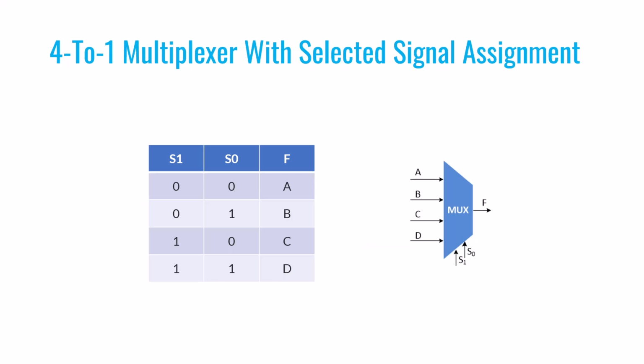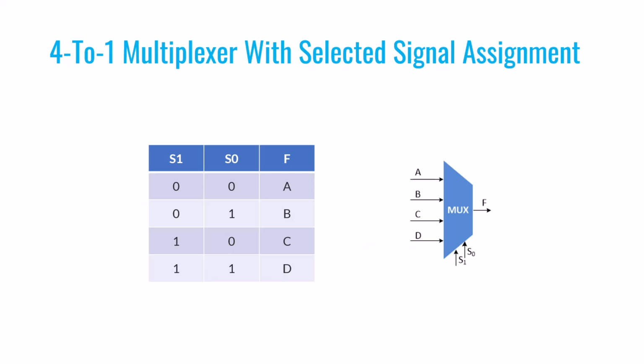It's a type of combinational circuit in digital logic. Multiplexers have several input signals, one output signal, and a set of control or select lines. Based on the value in the control lines, one of the input signals is connected to the output.